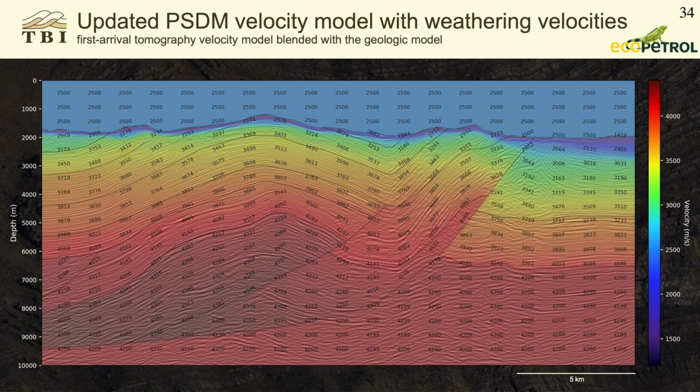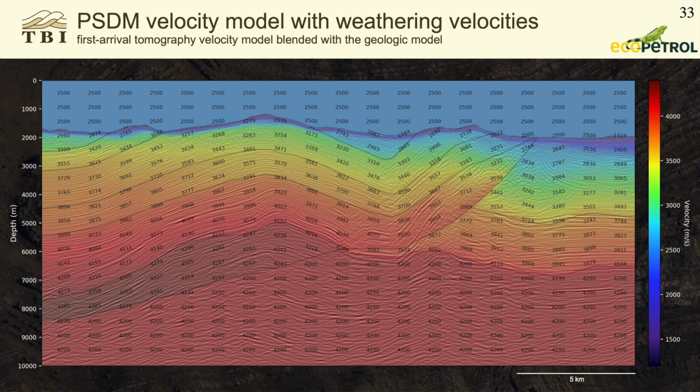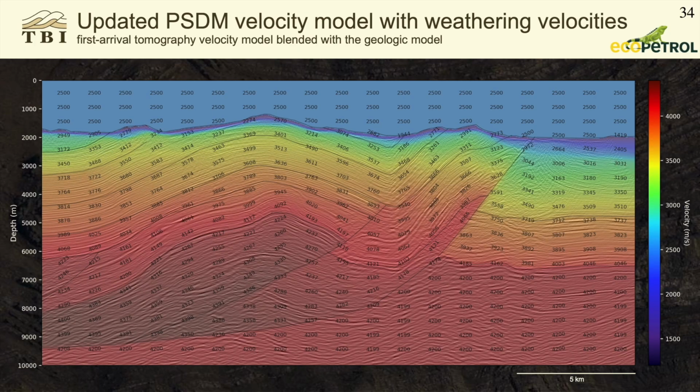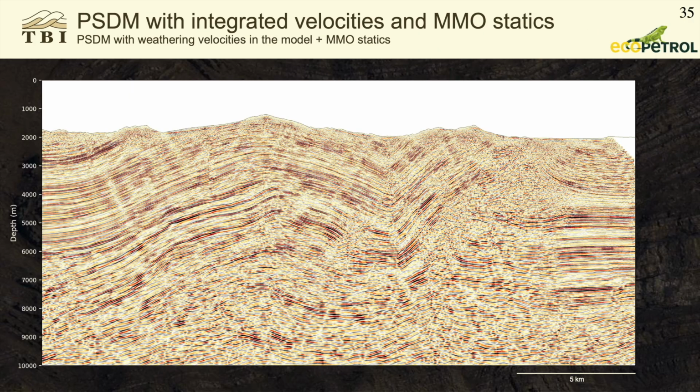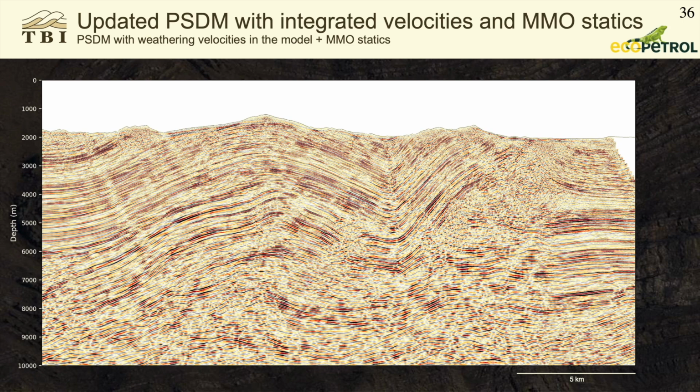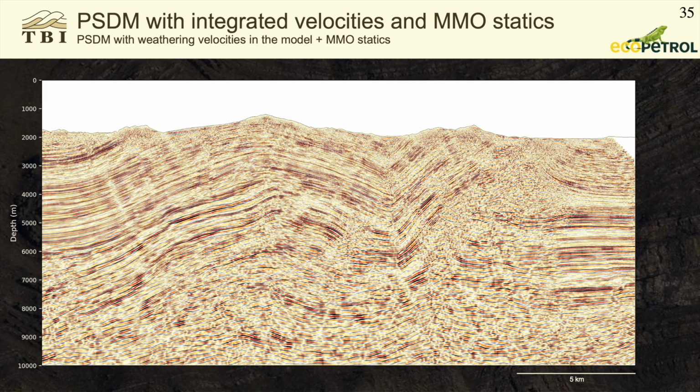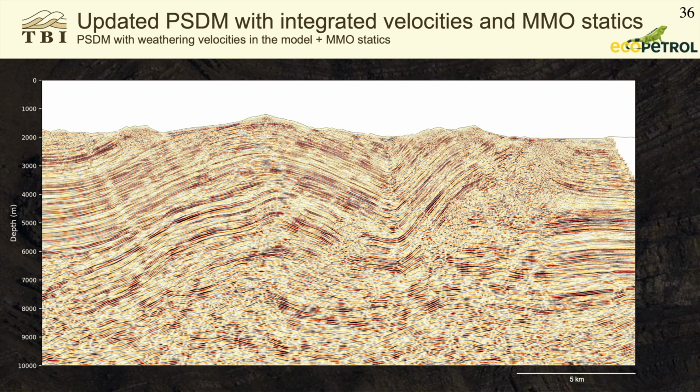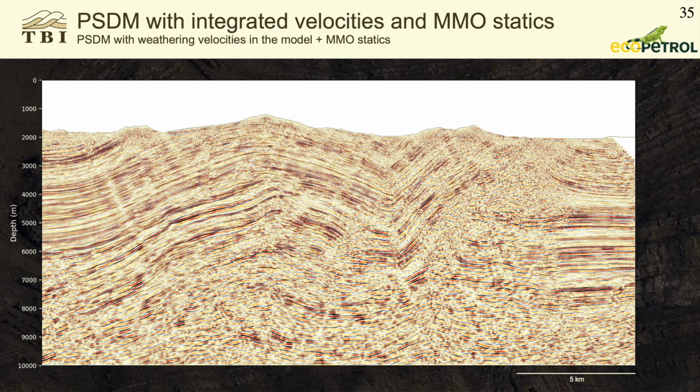You can see before and after, we've adjusted the horizon boundaries based on the reflection data that we have improved, and then we've revised the interpretation of the fault plane based on the termination of events from these improved weathering corrections. So let's take a look at it on the PSDM stack. Here's our PSDM integrated velocities and MMO statics. And then here is the updated PSDM stack from that revised interpretation and updated velocity model.